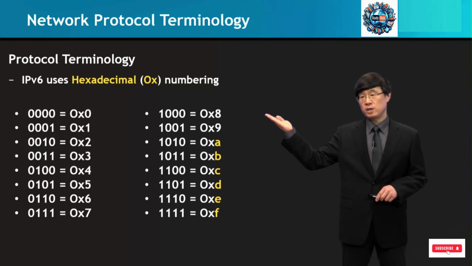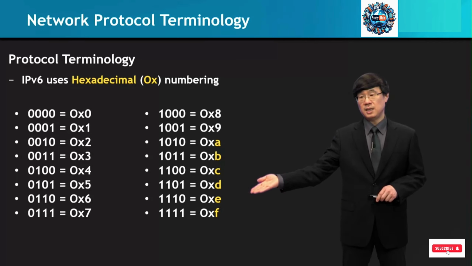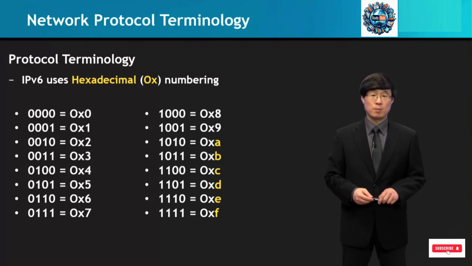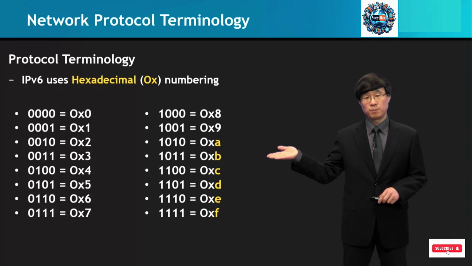And then coming over here, you can see the 8, 9, and then for 10, 11, 12, 13, these numbers we have A, B, C, D, E, and F used as their representation. Changing the binary numbers to hexadecimal numbers are what you see right here.